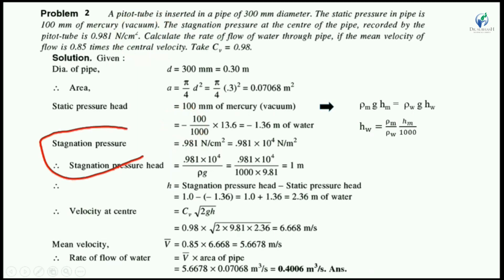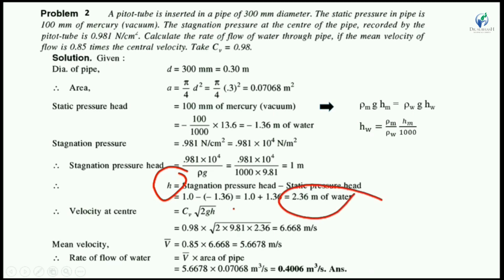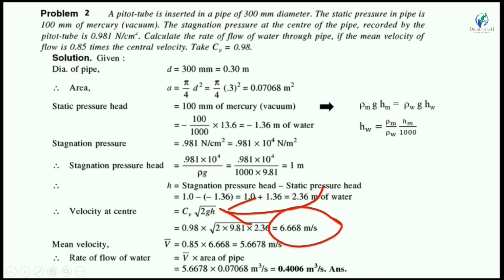Now the stagnation pressure is given as 0.981 Newton per centimeter square, so it's converted into Newton per meter square, and now you get the value of small h, that is 2.36 meters of water. This value of small h is entered into the velocity equation, and we finally get the center velocity, 6.668 meters per second.